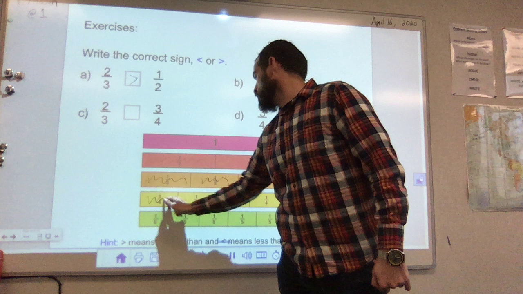And then finally, 3/5. And so if we look at 3/5, we look at our fifths. Here's our fifths. I know that I need to shade in 3 because of my numerator. So 1, 2, 3. 3/5 is less than 5/8.